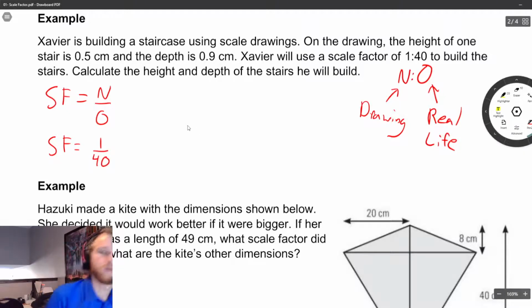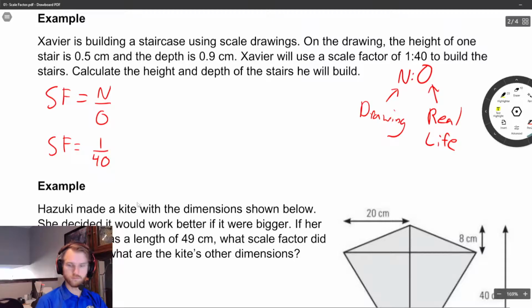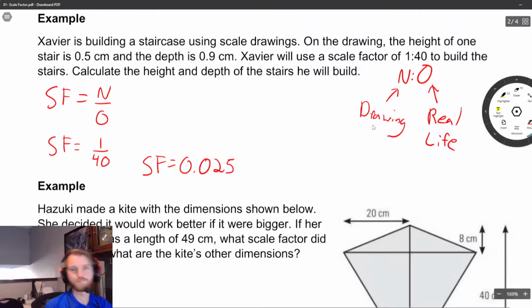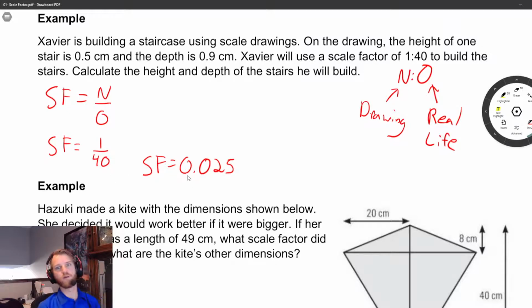There are 2 ways we could go about this. If we write this in fraction form, the scale factor is 1 to 40. Our original is going to be multiplied by 0.025, so a very small number is going to make it very small to get our new.